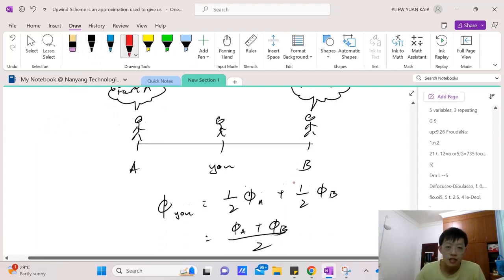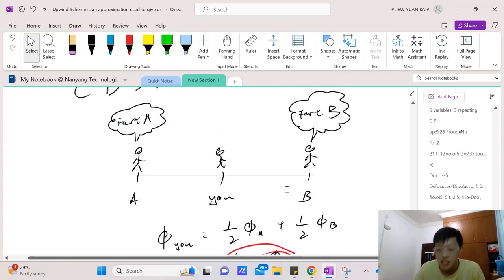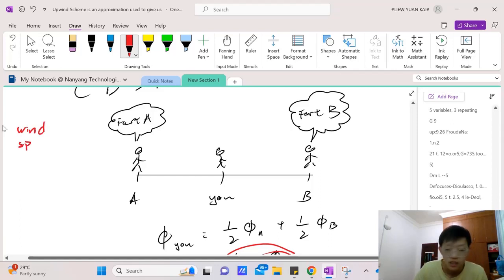But when is this applicable? When is it that I will smell half of the fart concentration coming from A and half coming from B? This happens when the wind speed is low. Let me put that down.